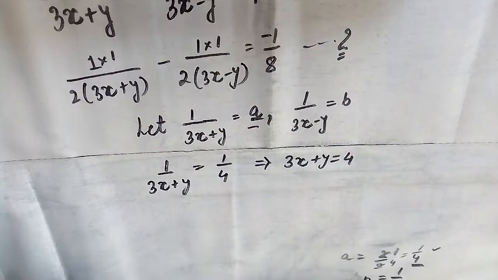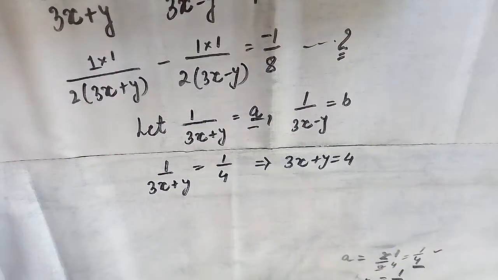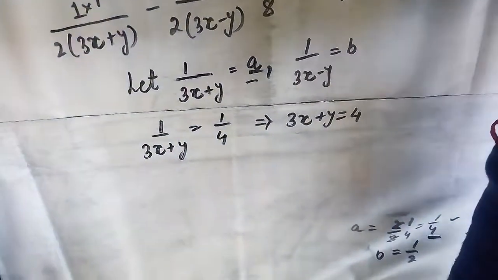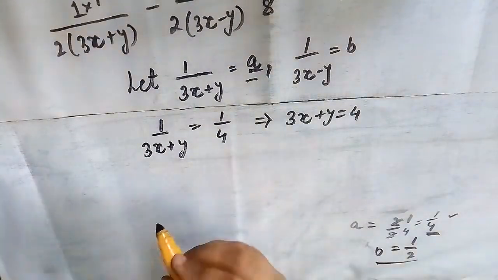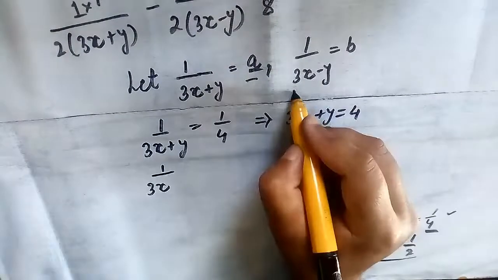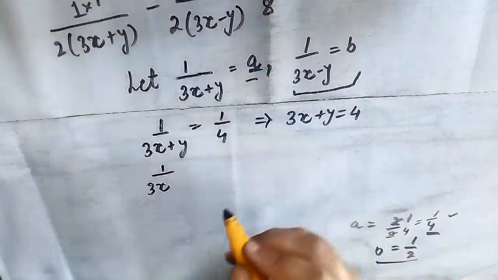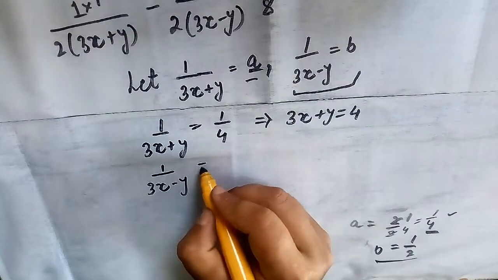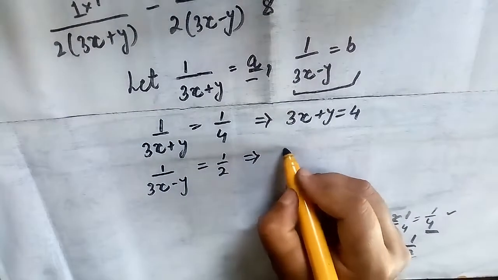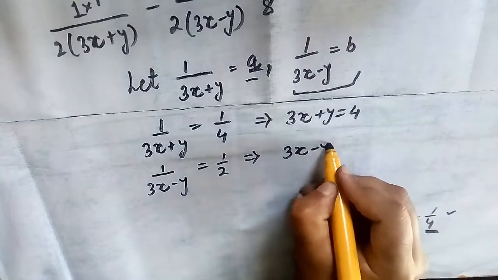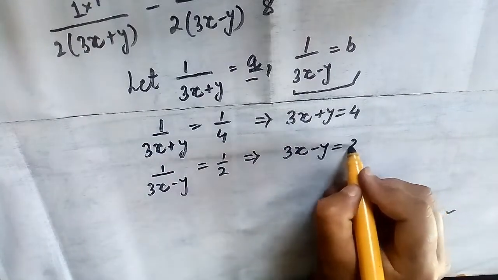And the second substitution was 1 upon 3x minus y equals b. So the value of b is 1 upon 2. So 1 upon 3x minus y will be equal to 1 upon 2. Take reciprocals again. 3x minus y will be equal to 2.